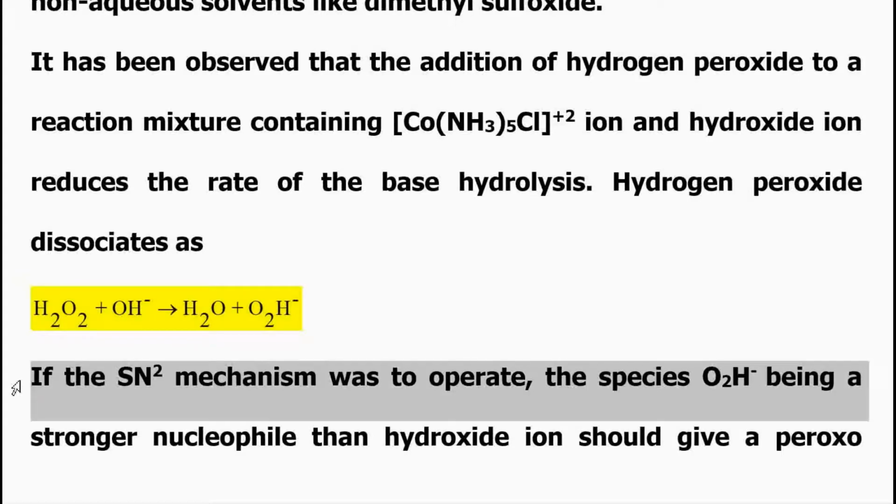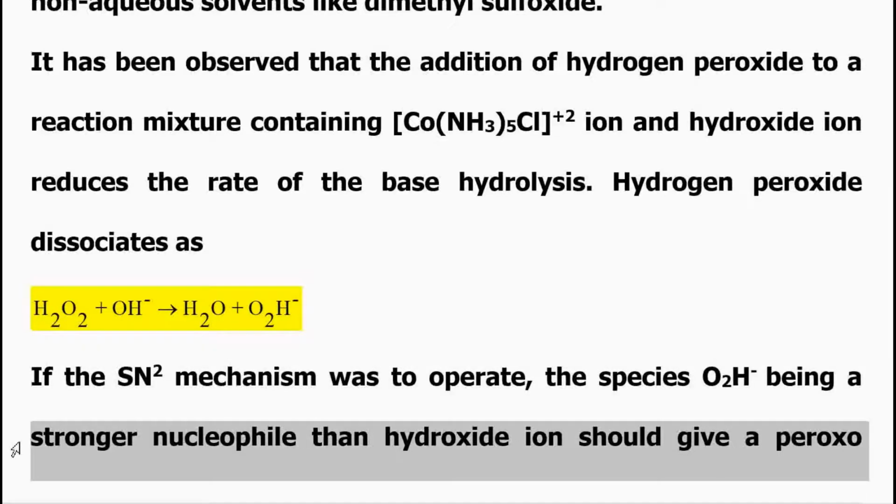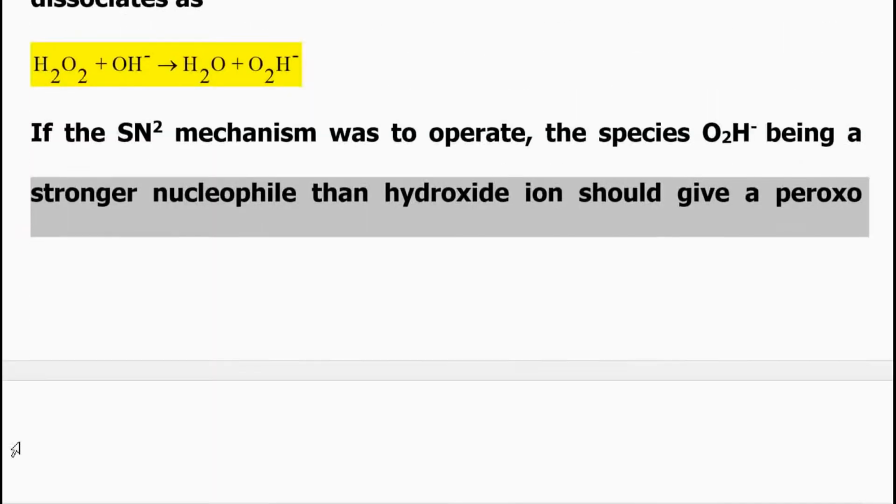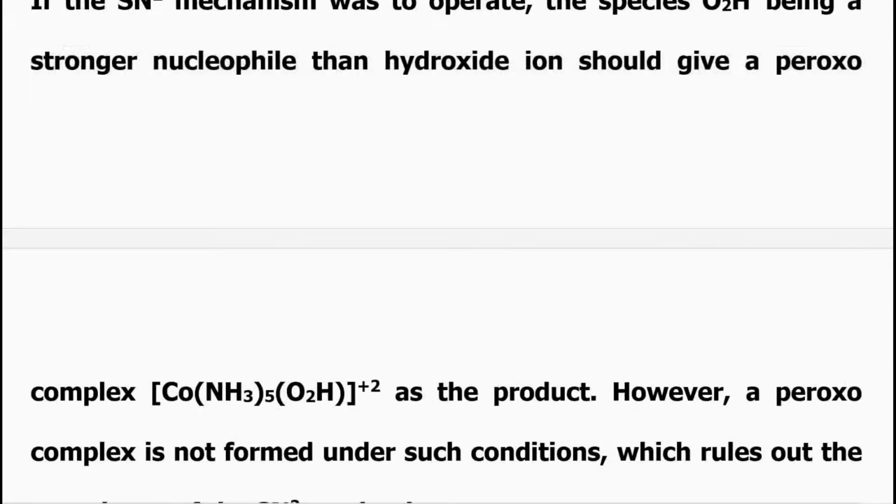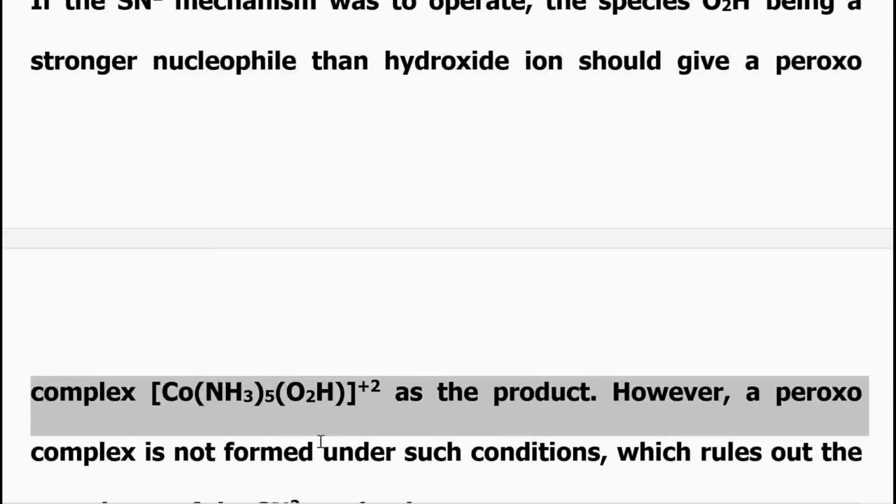If the SN2 mechanism was to operate, then the species HO2 minus, being a stronger nucleophile than hydroxide ion, should give a peroxo complex like this. So, if the base hydrolysis follows the SN2 mechanism, then in the very first step the incoming group will enter, and if we add peroxide to the reaction mixture, then HO2 minus will be formed.